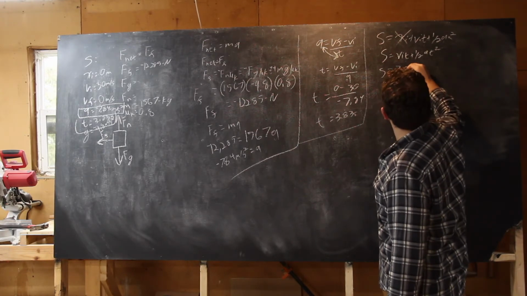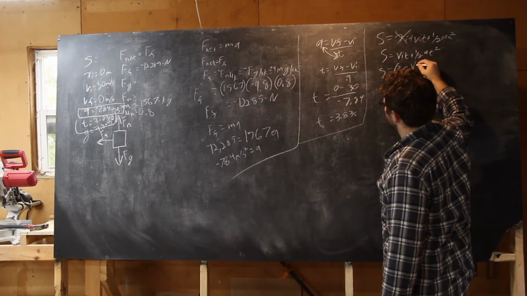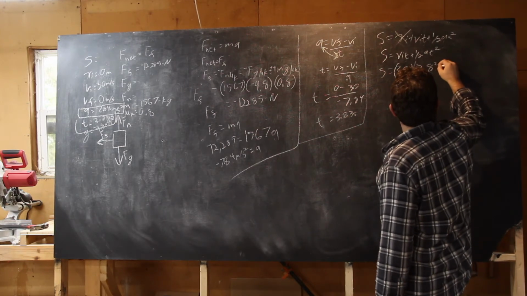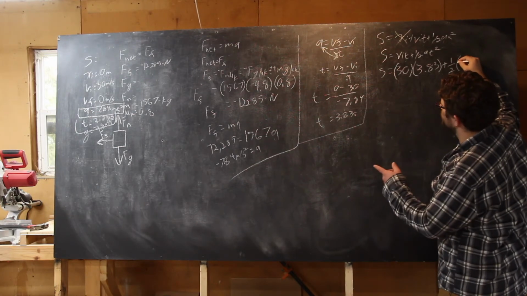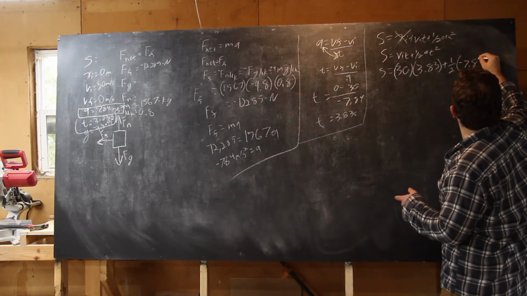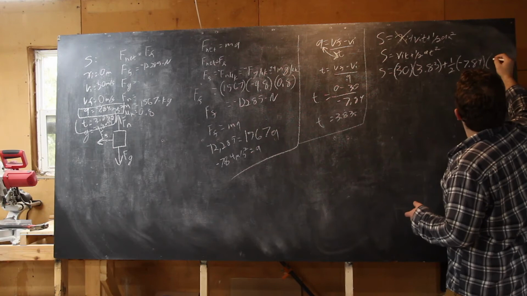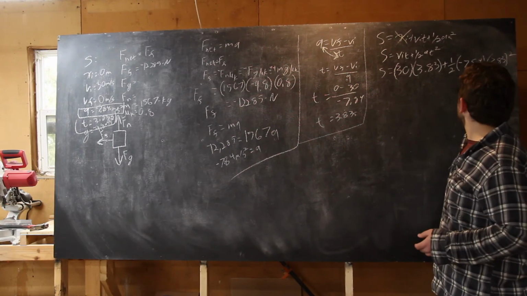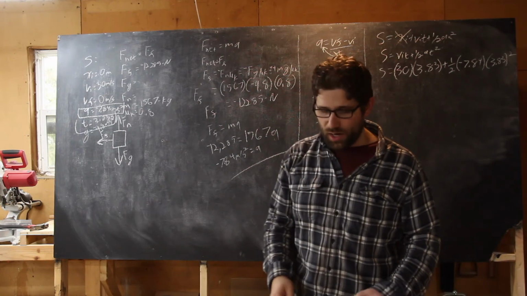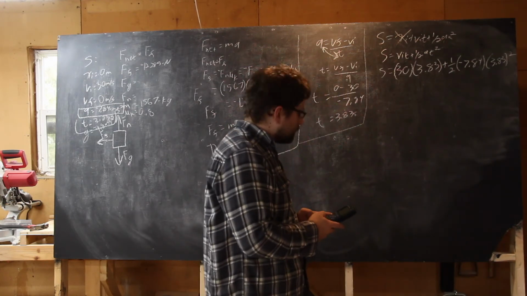Vi is 30 times 3.83 plus 1/2 times acceleration of negative 7.84. The negative is important there. And then 3.83 squared.